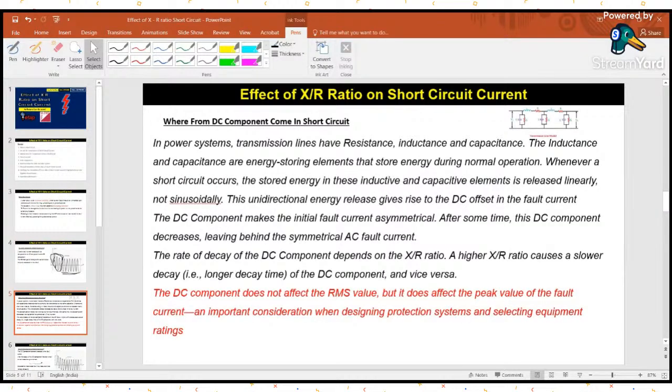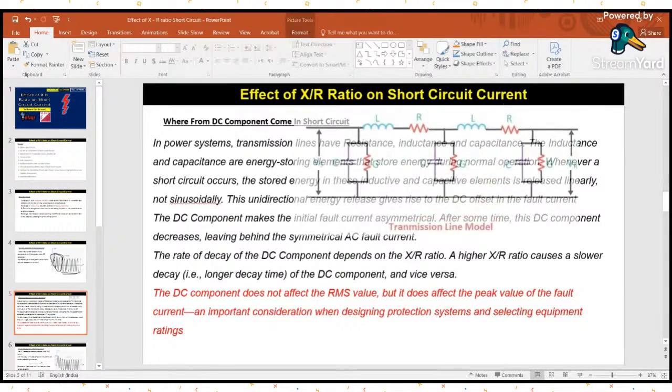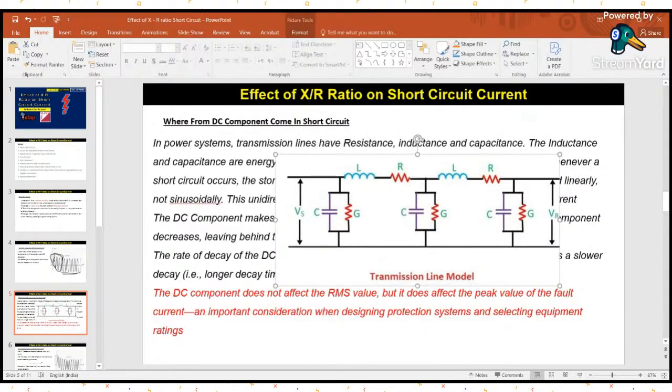Now, where did this DC component come from? In a power system, the transmission lines have resistance, inductance, and capacitance. The inductance and capacitance are energy storing elements that store energy during normal operation. This is a transmission line model you have studied in your BTech or master's course.